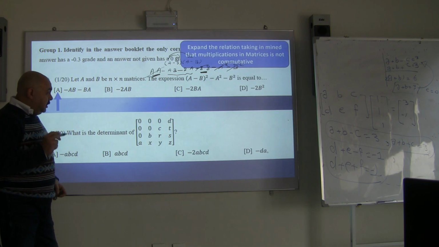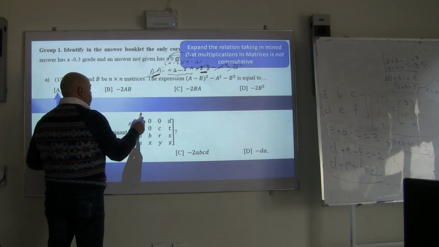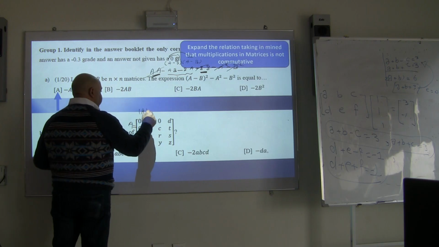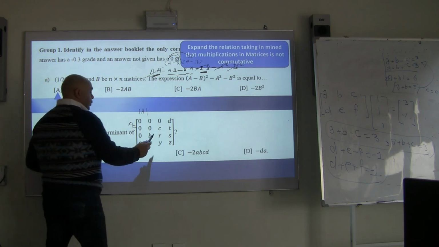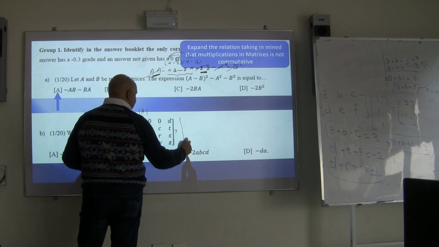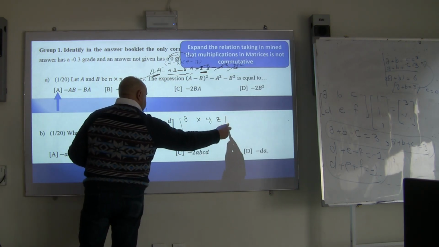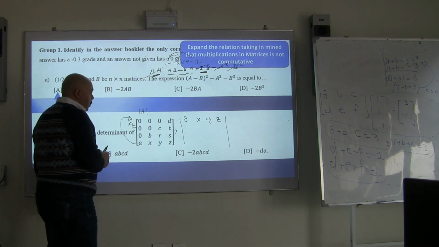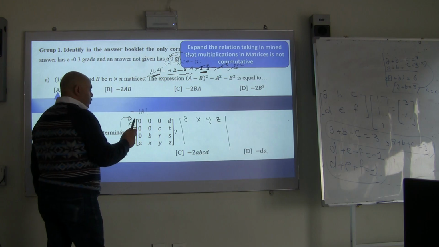For the determinant of this matrix, call this matrix A, so the determinant of A. Let's switch rows. If I move this row to the top, I will have A, X, Y, and Z, which is going to be the negative of this determinant because I made a change.